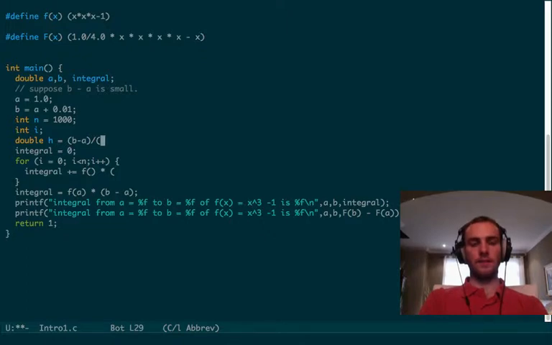But you divide it by n, so n is going to be the number of intervals. Right? Then you multiply by h.